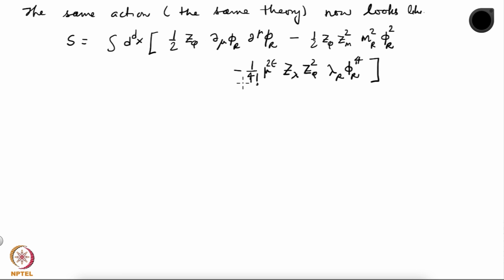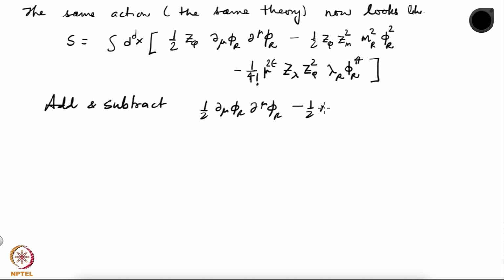Now this does not look like what we are used to. So I will now add and subtract the following to this action, the same thing so that I don't alter the action. So add and subtract half del mu phi r squared minus half m r square phi r square.